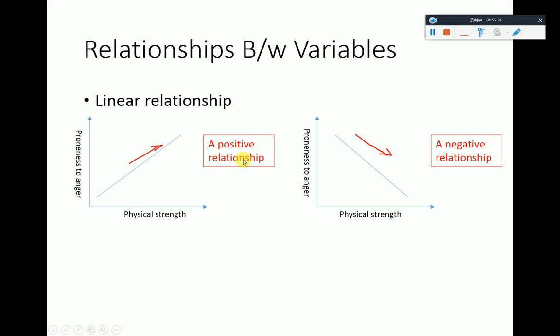When we say a relationship between two variables is positive, we do not mean that this relationship is good. Positive here does not mean good. Instead, positive here means the values of the two variables are moving in the same direction.